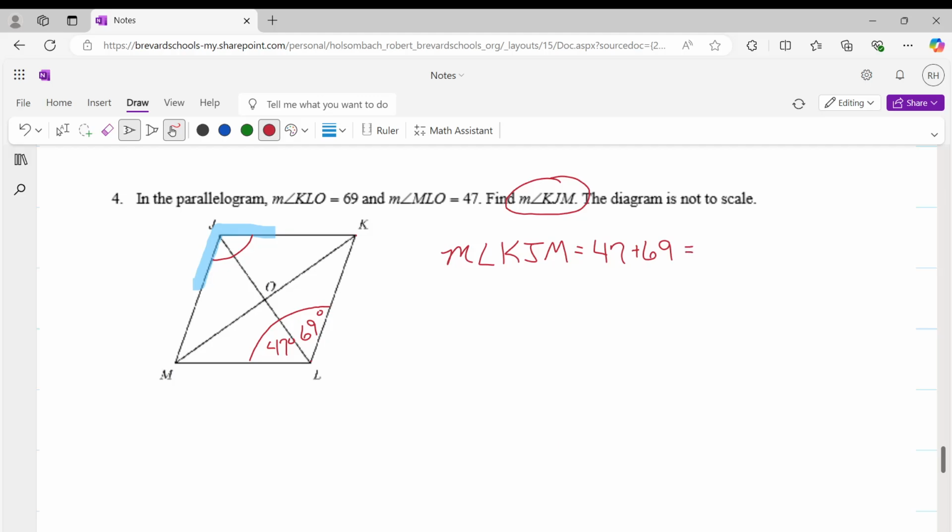And 47 plus 69, 116 degrees. The big opposite angles are congruent to each other in a parallelogram.